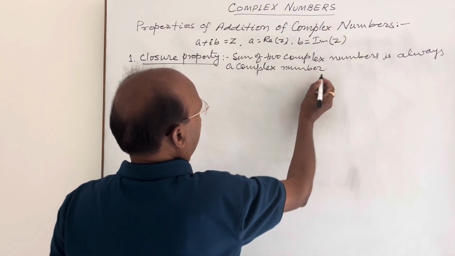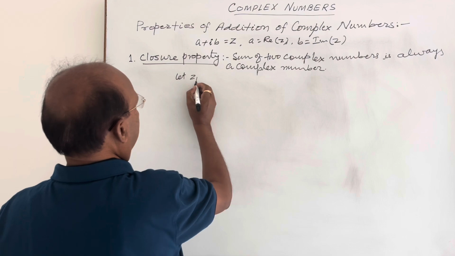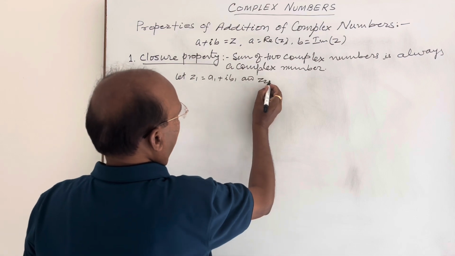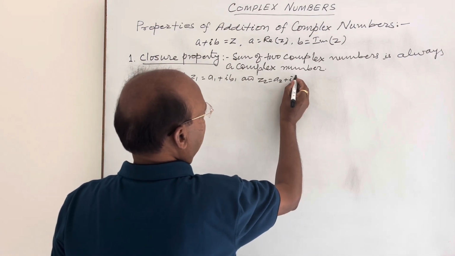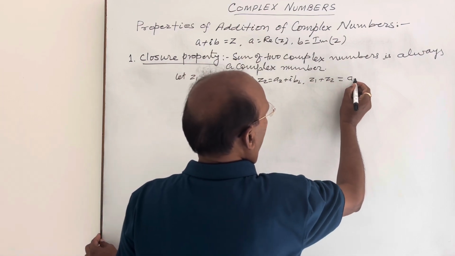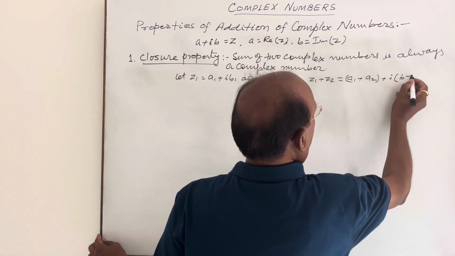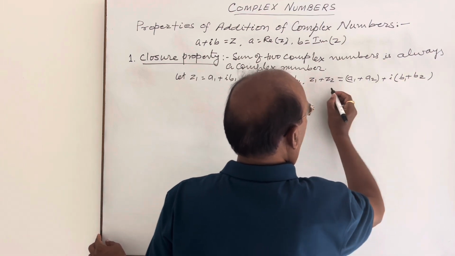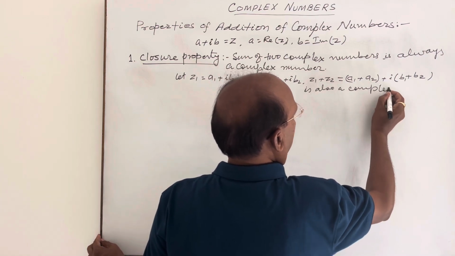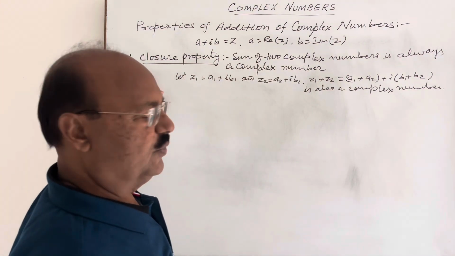Suppose z1 is equal to a1 plus ib1 and z2 is equal to a2 plus ib2, then z1 plus z2, which is equal to a1 plus a2 plus i times b1 plus b2, is also a complex number. This property is known as the closure property.